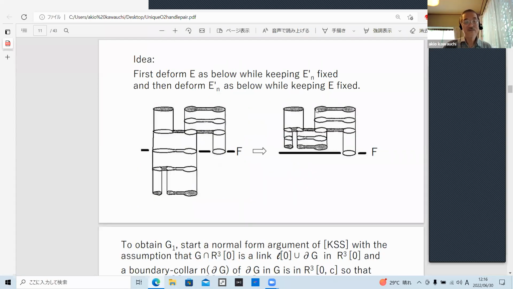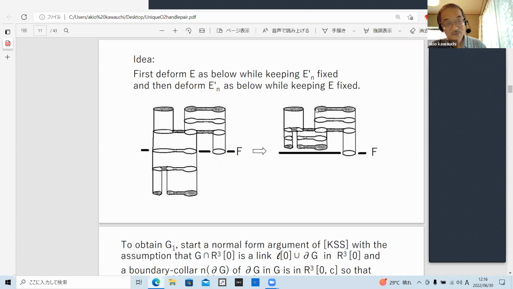The idea is simple. First, G1, the disk union of E and E dash N, is deformed: first E is deformed, like in these pictures, by leveling E up while keeping E dash N fixed, and then applying the common handle property.